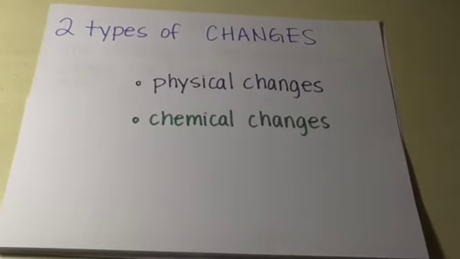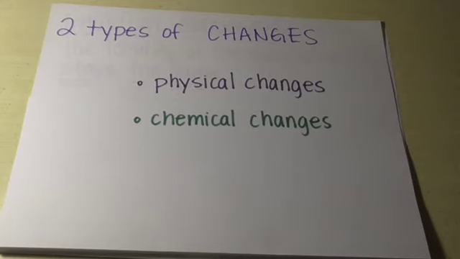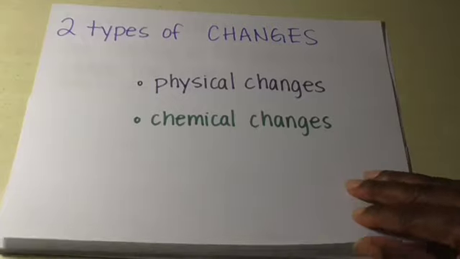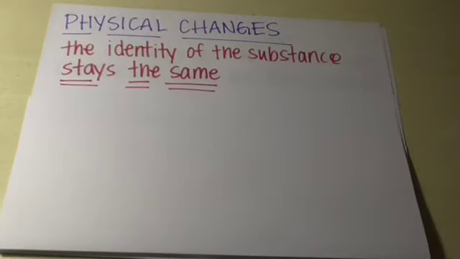So we're done with chemical properties, and now we're going to talk about the two types of changes we often see in chemistry. The first type of change we tend to see is a physical change, and the second type is a chemical change. With physical changes, the identity of the substance stays the same, but the form changes.